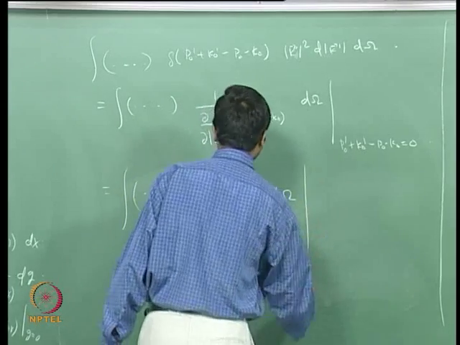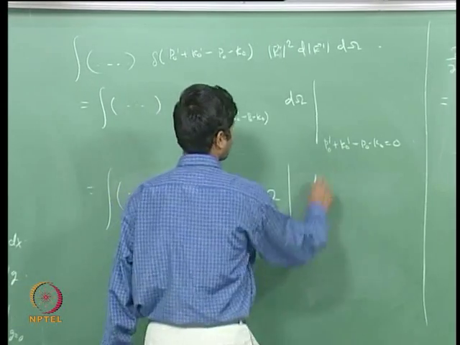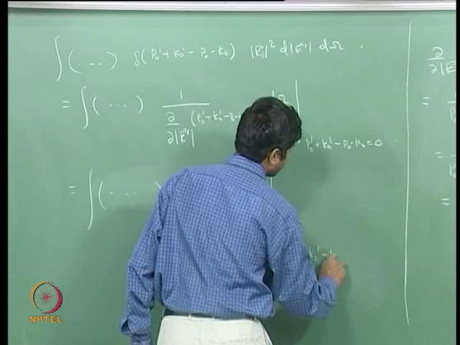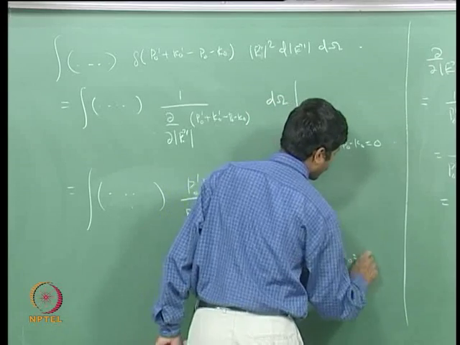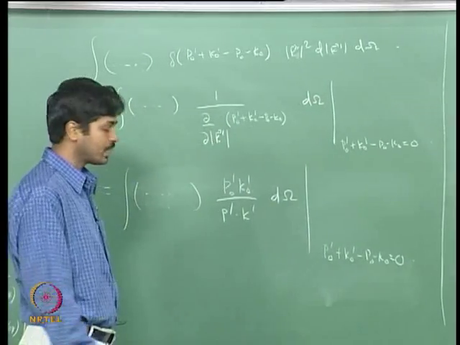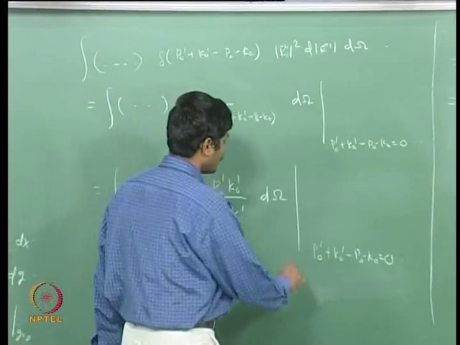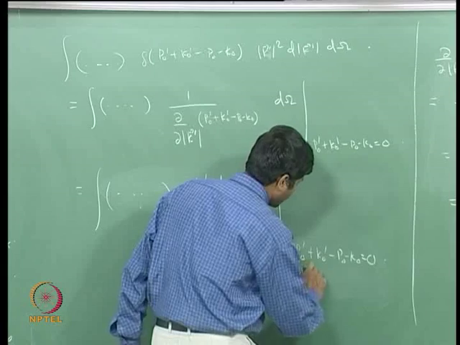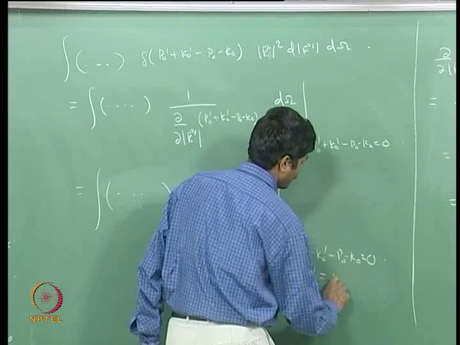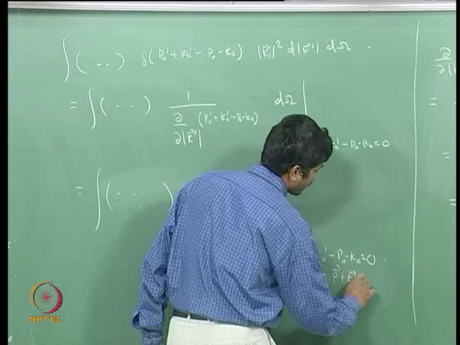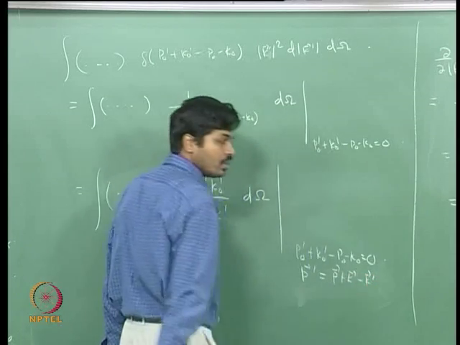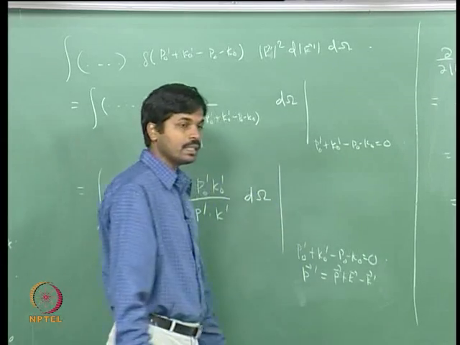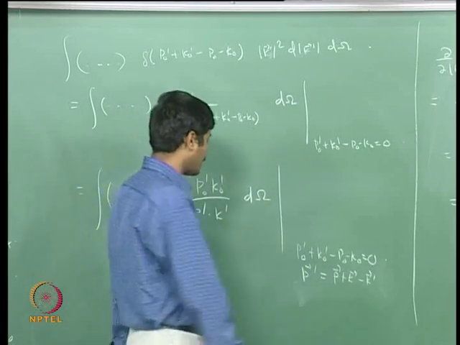We have to remember that p0 prime plus k0 prime minus p0 minus k0 equal to 0. We have to also remember that we have integrated out over p prime, therefore p prime is equal to p plus k minus k prime, or in other words we have to remember that we have carried out the integration over the 4 dimensional delta function.